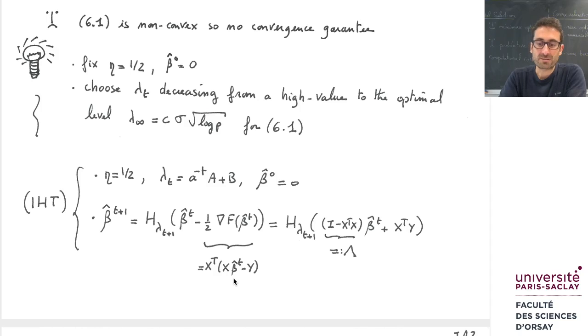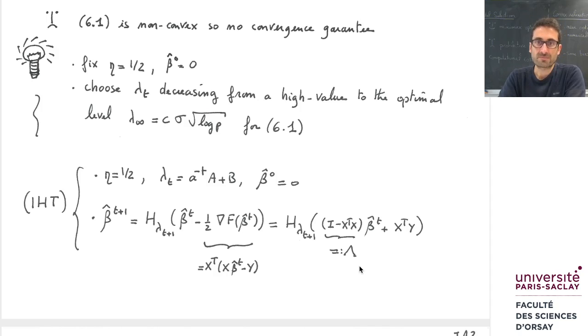And we can rearrange this expression in such a way that here we have something about beta at t, and here we have X transpose Y. And in the following, this matrix here, which is identity minus X transpose X, will be defined as being capital Lambda, and we see that the properties of this matrix will be very important in the following.